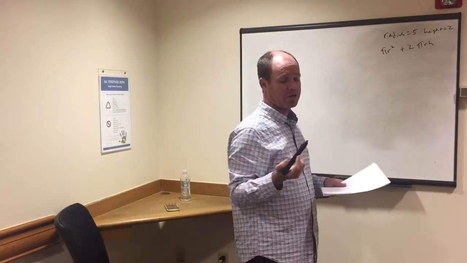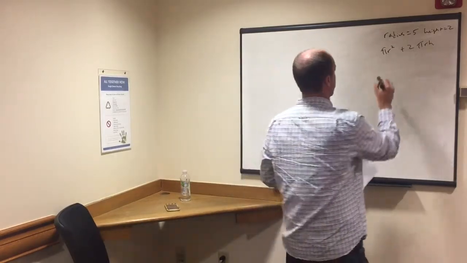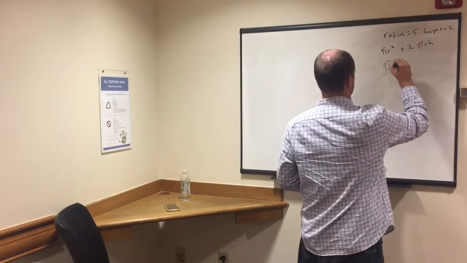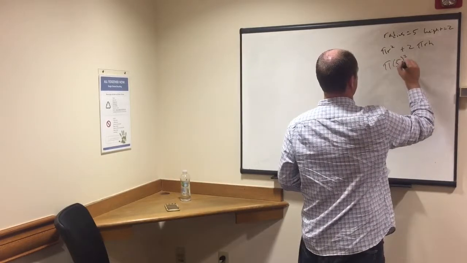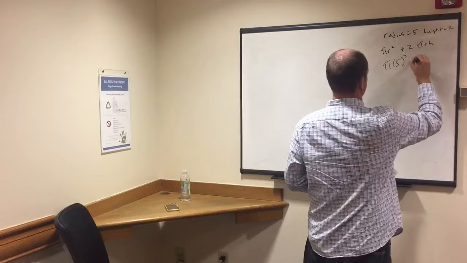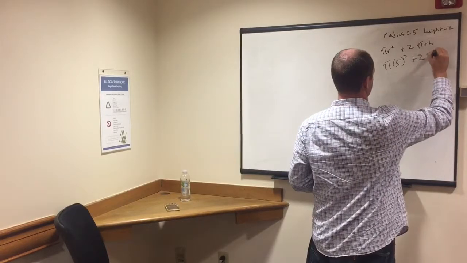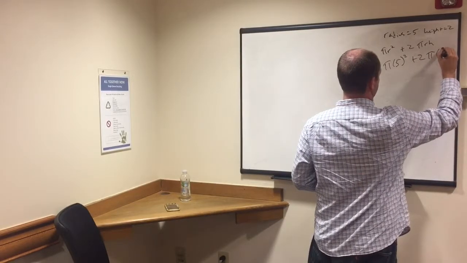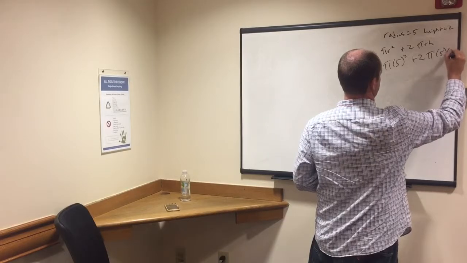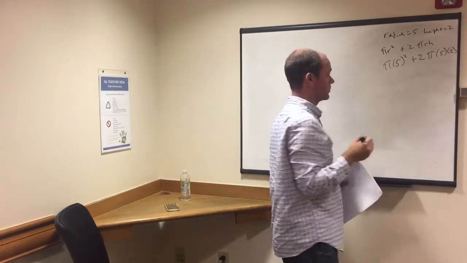So now we just have to plug in from here, right? So pi times 5 squared, because radius is 5, plus 2 times pi times 5, which was the radius, and we said the height was 2, right? There we go.